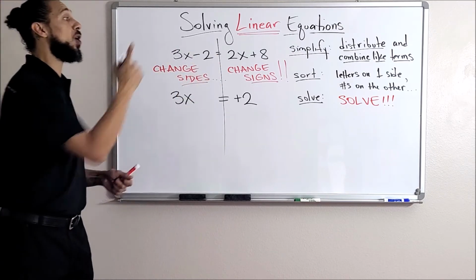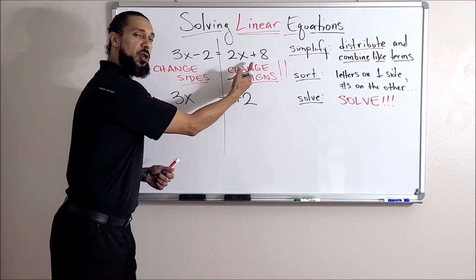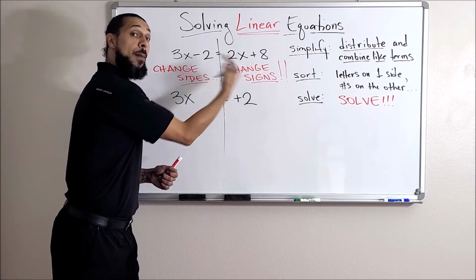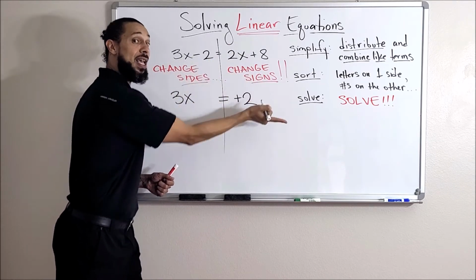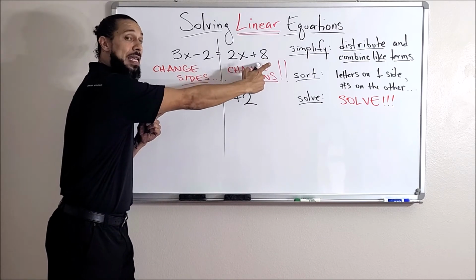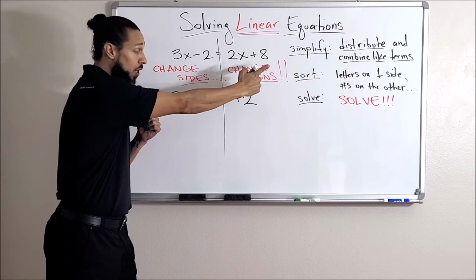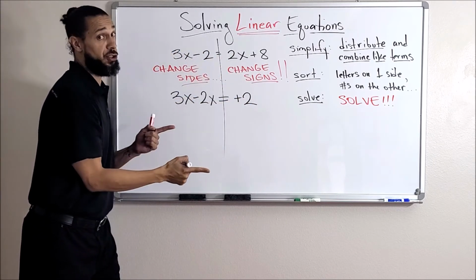Exactly right. Now I'm going to go to the other side and make sure that stuff is on the correct side. Is this 2x on the correct side? Not if I want my x's over here. So I bring this positive 2x over here as negative 2x. And now finally this 8. Is this 8 on the correct side? If I want my numbers over there without letters, that 8 stays positive 8.